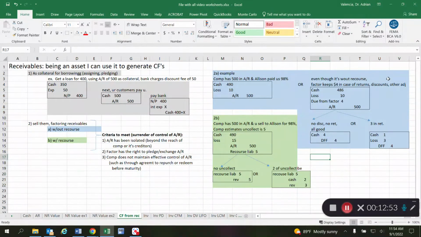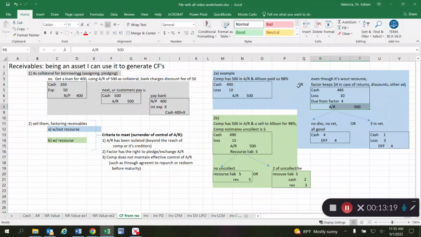In other words, some customers take advantage of paying early and they get a discount, and or other adjustments. And if these things occur, then Allison again is not going to receive the whole $500, right? So sometimes the factor decides to keep some of the money, and then if there aren't any issues, that extra money is given to us at the end of the period.